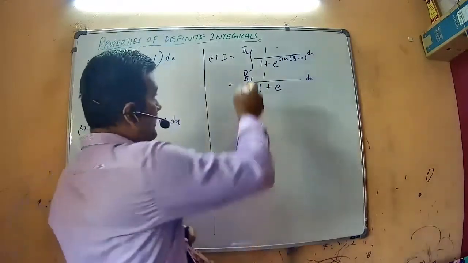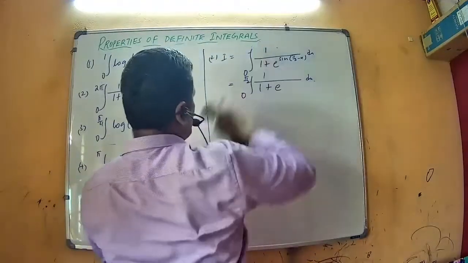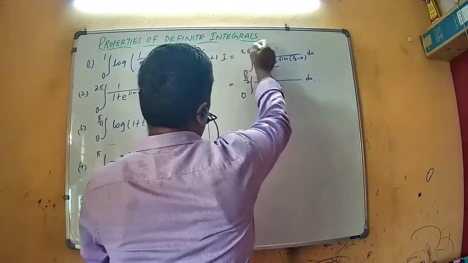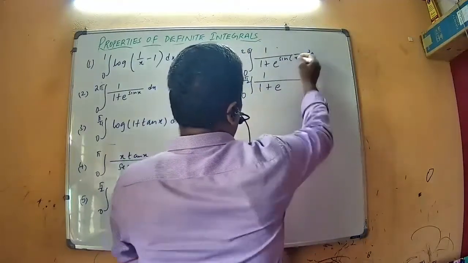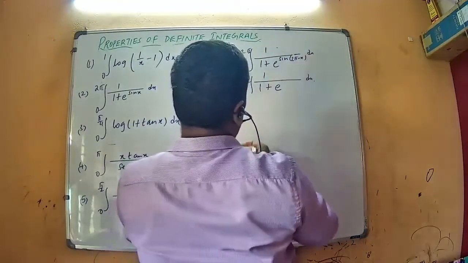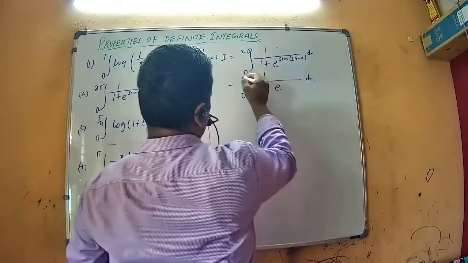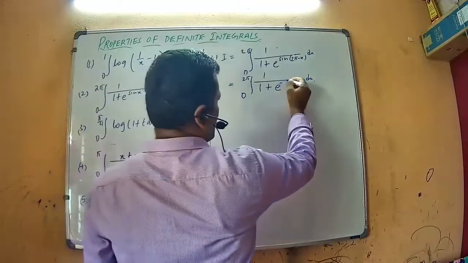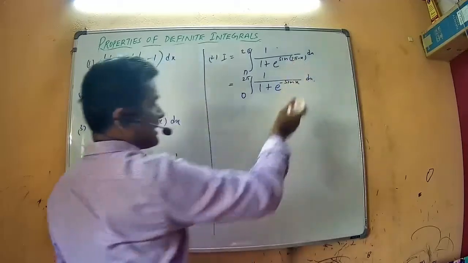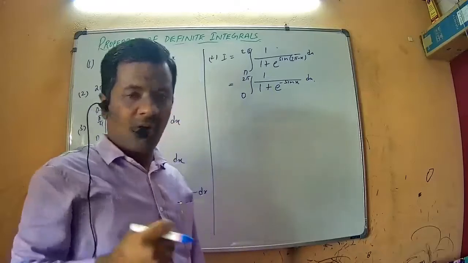Here the limit is 2 pi, not pi by 2. So this is a 2 pi. What happened? This is sine of (2 pi minus x). Sine of 360 minus theta will be minus sine theta, as 360 minus x falls in the fourth quadrant.